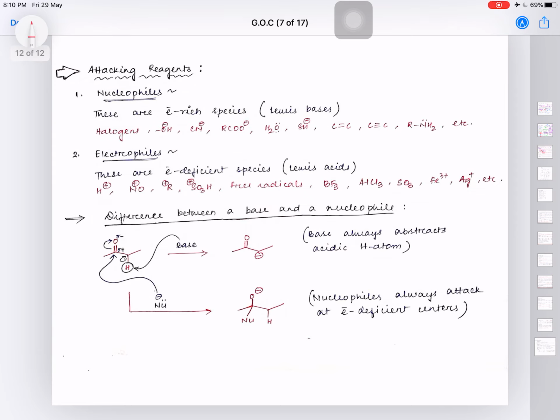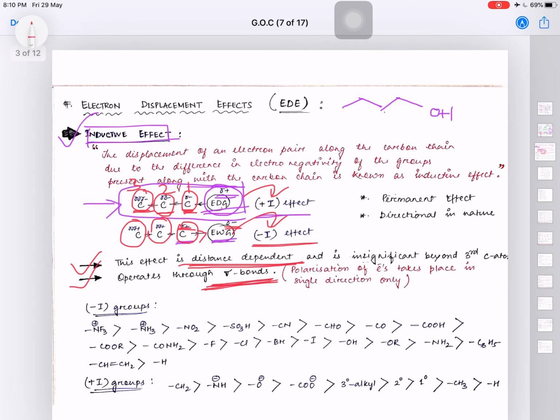So as a result of this, you have to memorize these two charts, these two orders. The first one is a list of the plus I groups, and the second one is a list of the minus I groups. These are arranged in order of their intensity or power. These are all electron withdrawing groups, and these are all electron donating groups.